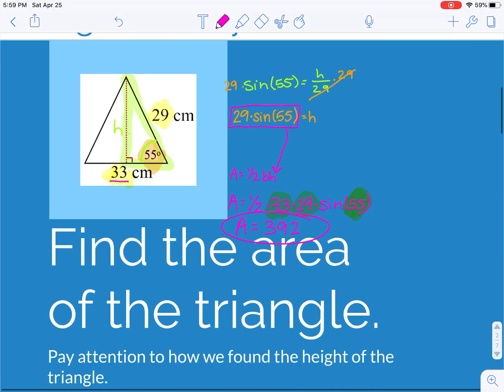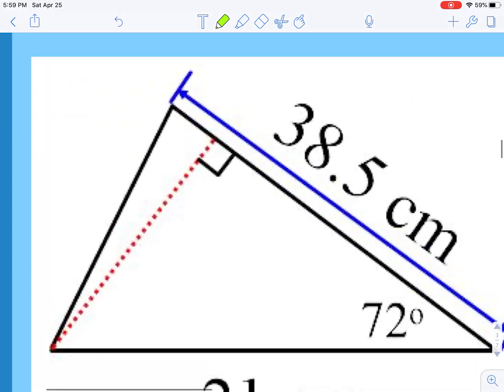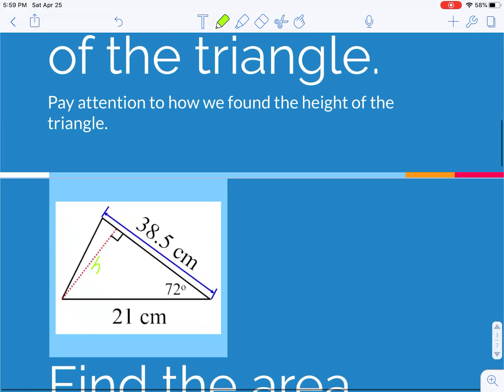We're going to do another one. And again, I want you to pay special attention to how we find that height. So this time, the height is right here. I still, in this right triangle, have opposite and hypotenuse, with the 21 being my hypotenuse this time. So I'm still using sine.